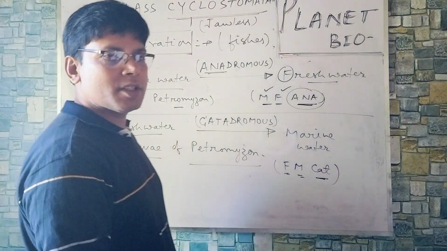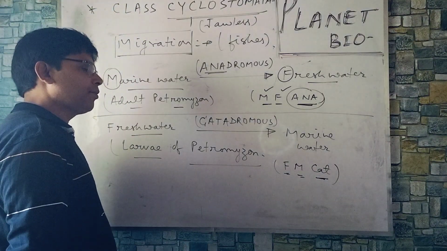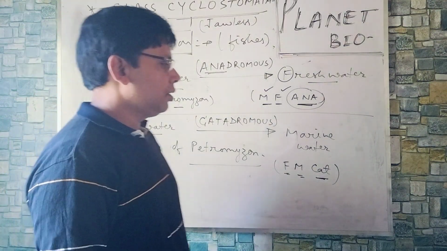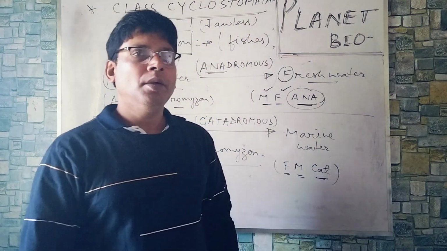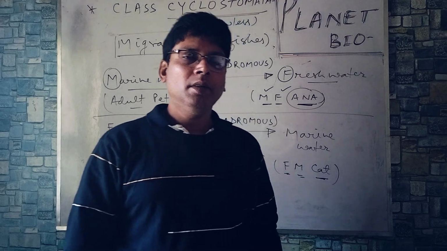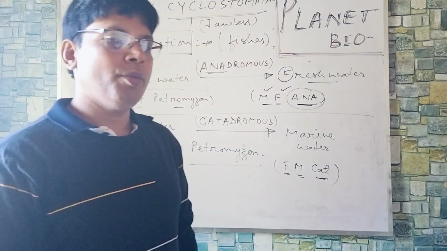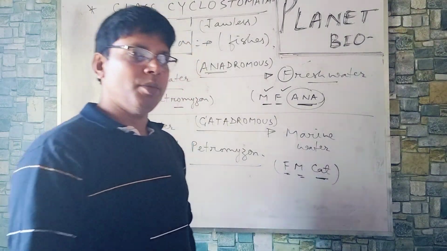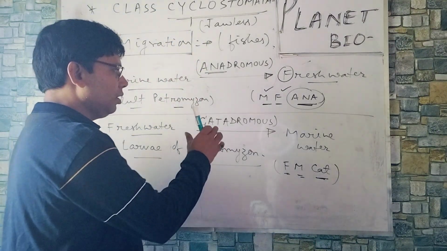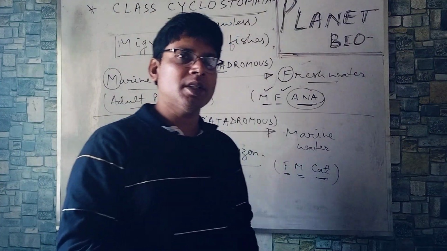Some jawed fishes also exhibit migration in this way. So it is going to be a longer episode. I have tried my level best to convince you. I hope you will find this study material beneficial and you can have specific ideas for specific animals as well.